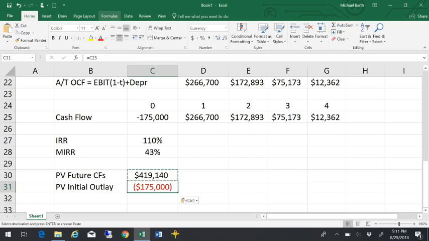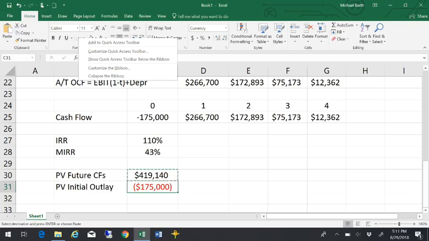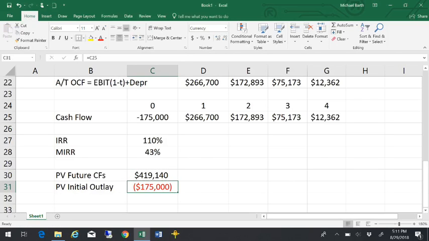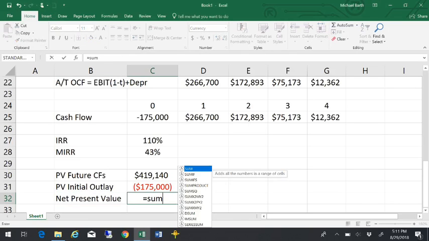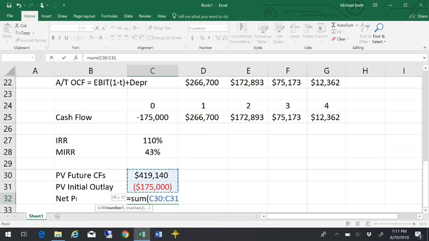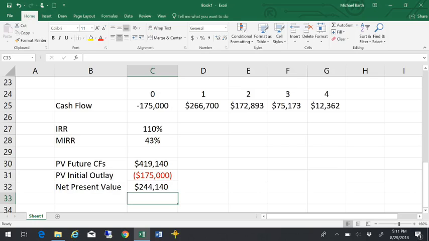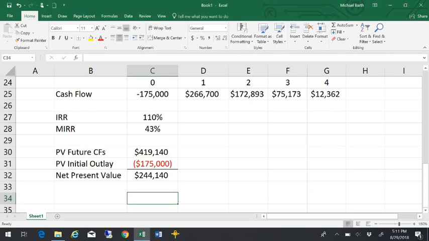So if you subtract 175,000 from the 419,000, that's the capital NPV, the net present value. $244,000, still sounding like a good idea.